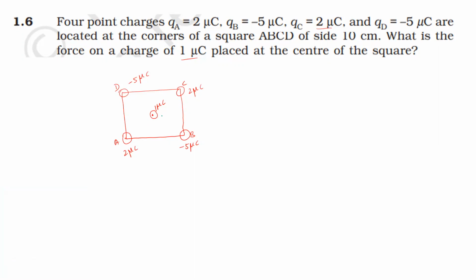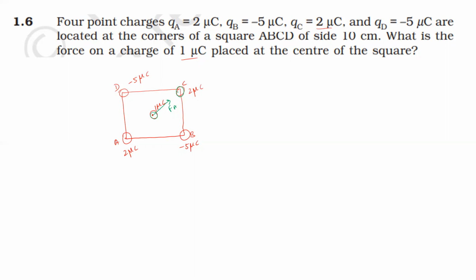We know that force between like charges is repulsive and force between unlike charges is attractive. Here, charge A is a positive charge. On 1 microcoulomb, this charge A will exert a force of repulsion, so that force exerted on 1 microcoulomb is diagonally towards C. And the charge C will exert a repulsive force on the 1 microcoulomb since both are like charges.